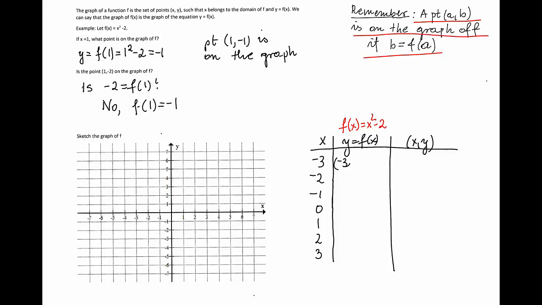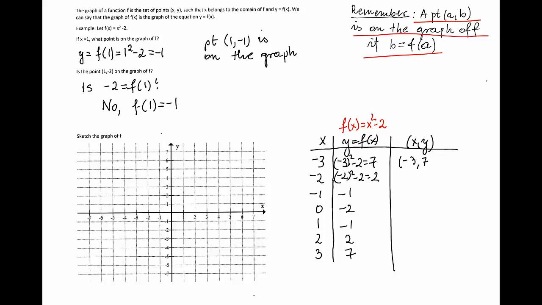So the first value is negative 3 squared minus 2, that's 9 minus 2, which is 7. The second will be negative 2 squared minus 2, which will be 2. In a similar way, computing these values, we'll get negative 1, negative 2, negative 1, 2, and 7.